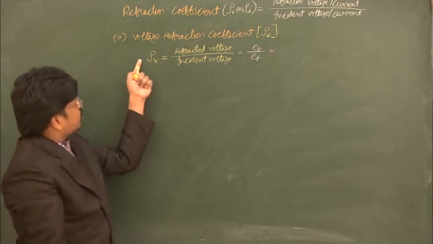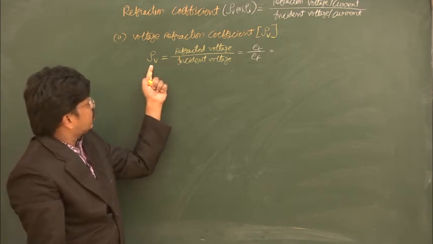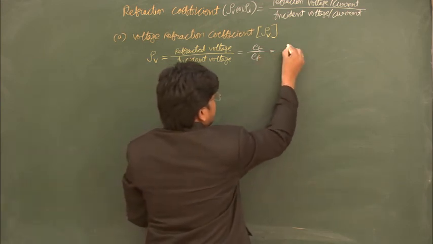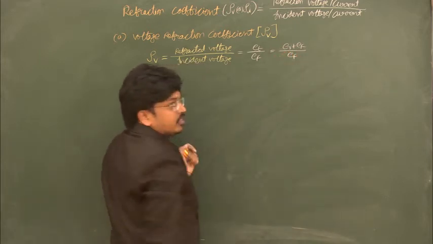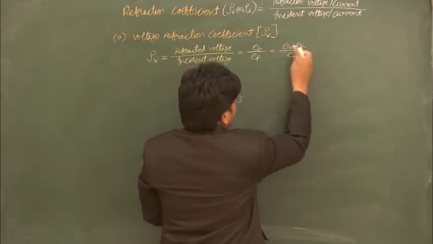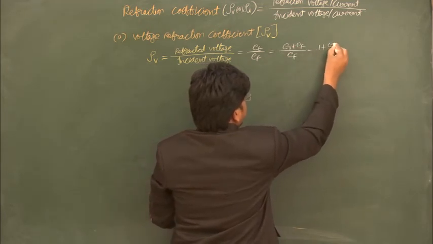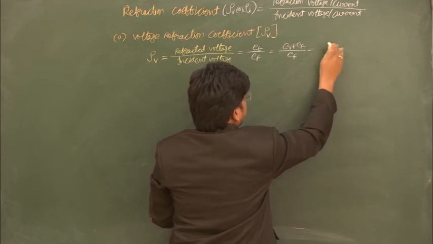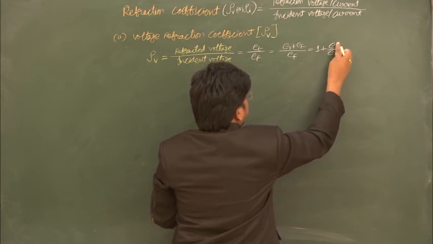So rho V equivalent to ET by EF, where ET is the summation of ER plus EF, by EF. From that we can substitute these values: 1 plus ER by EF.